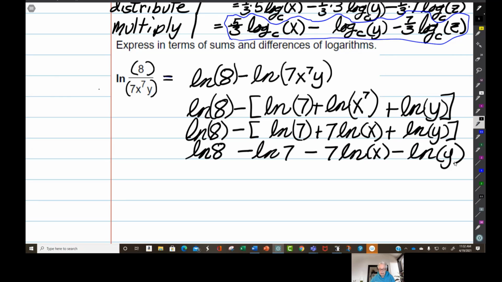Yes, double checking, double checking. All right. Now we were told to take this apart in terms of sums and differences. So I'm not going to put anything back together. So equals, equals, equals, right there.